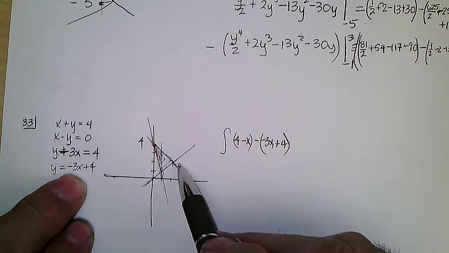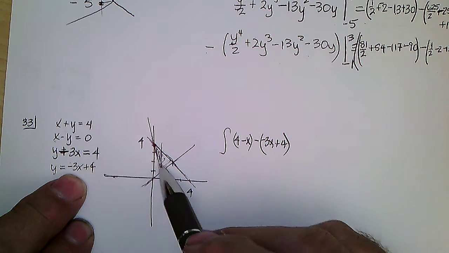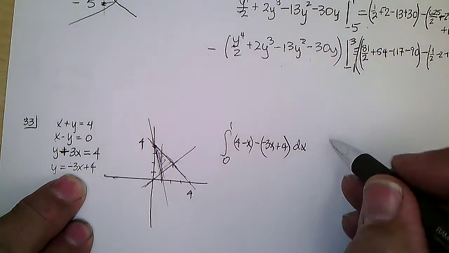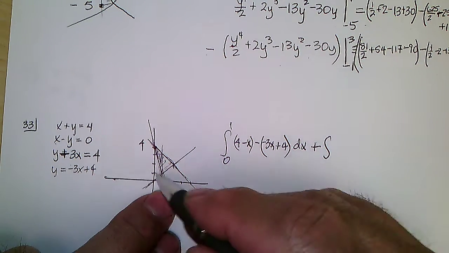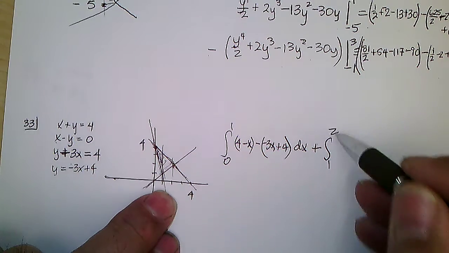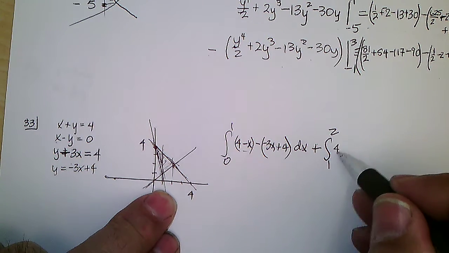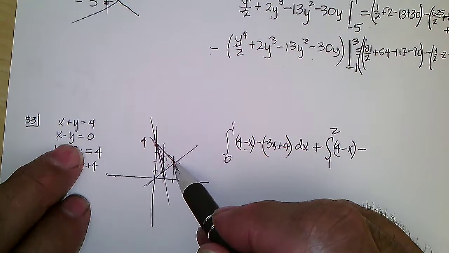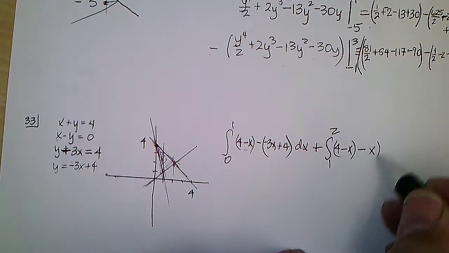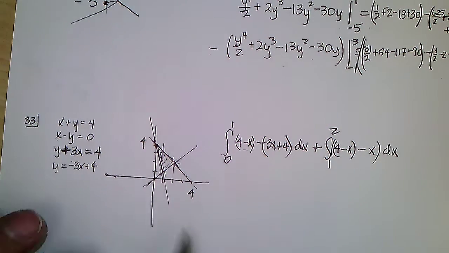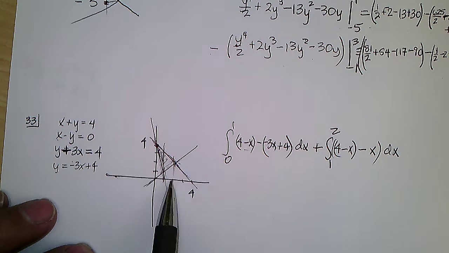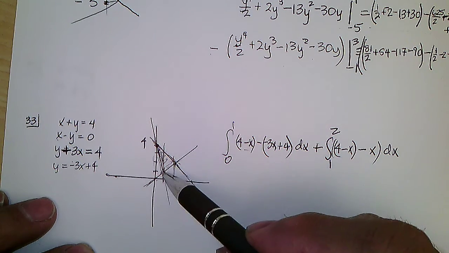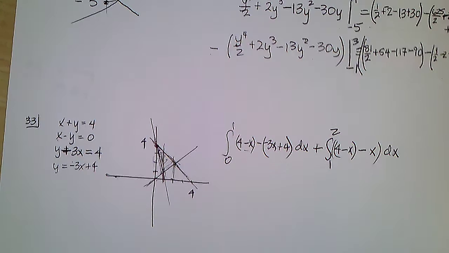So I took the top one minus the bottom one from 0 to 1 in the x direction, plus from 1 to 2, it's going to be the same top one, minus this one, which is y equals x. Now some people do this one from 0 to 2 to find all of this area, and then subtract the area under this one, and then subtract the area under this one for the two pieces. And you can do it that way also.